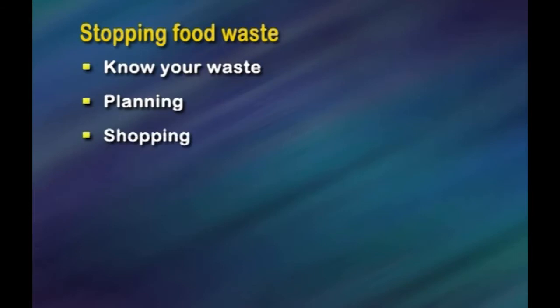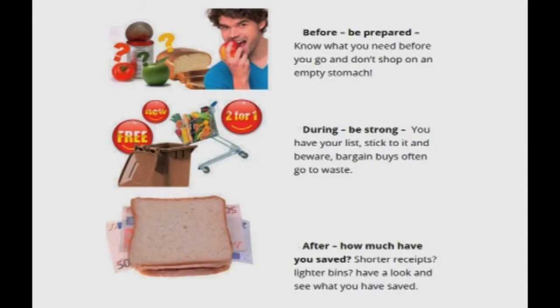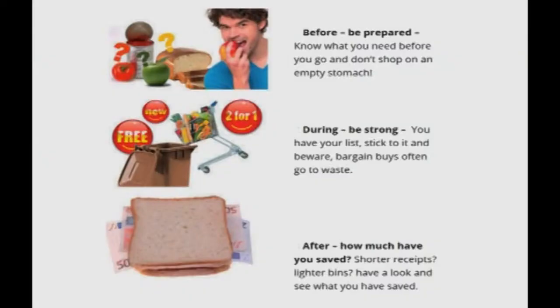The next step is shopping. This is one place you waste food before you even buy it. Buyer beware. Under this, the first point is before, be prepared. Know what you need before you go and don't shop on an empty stomach. If you shop on an empty stomach, you may buy more products and the food may go to waste. The next point is during, be strong.